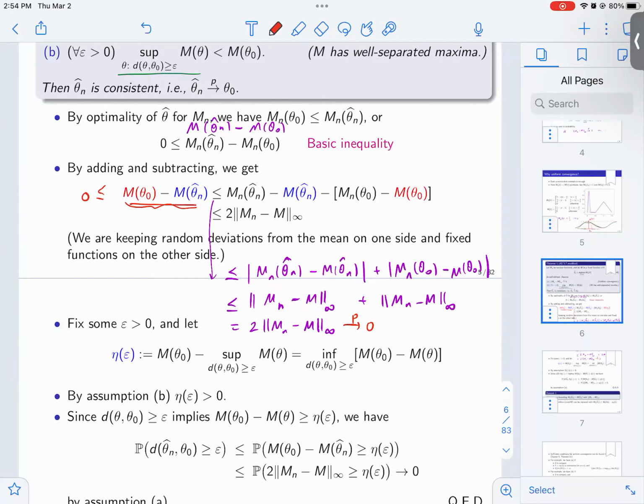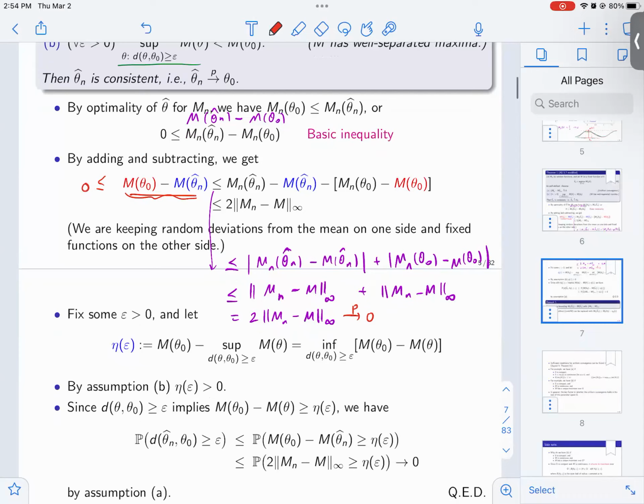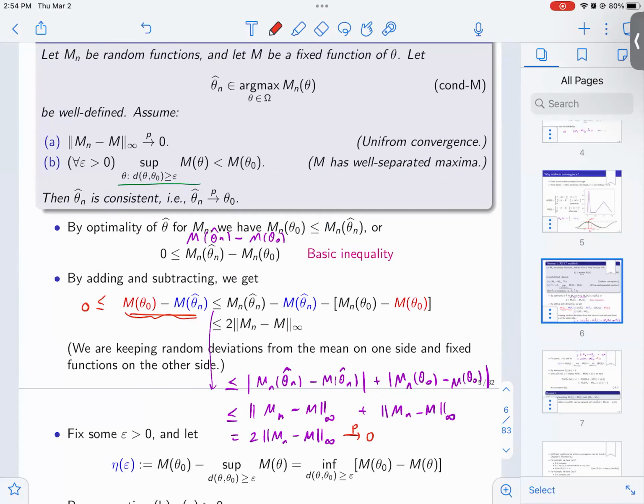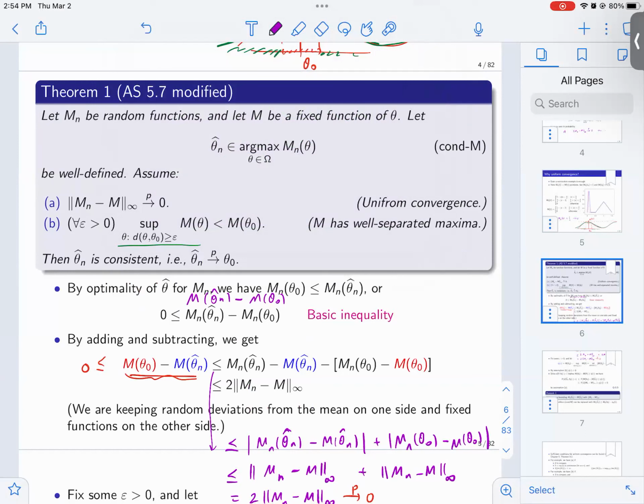At this point, is this clear? What we showed is that if you think of this as a distance, I can define a distance on the parameter space. Let's call this, I don't know, rho.